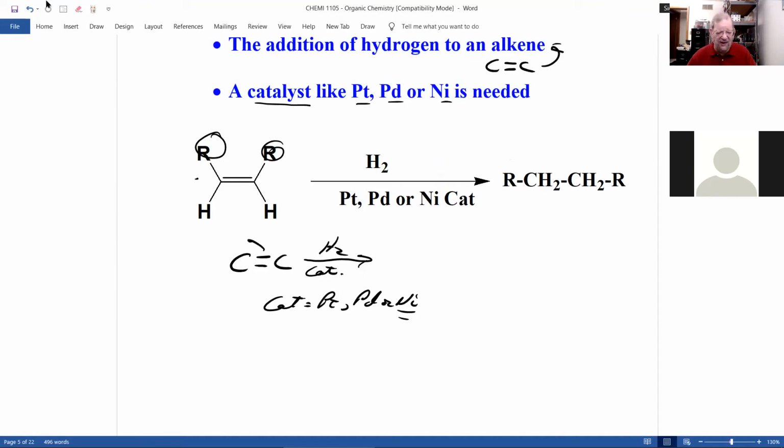And you break one of the double bonds. It's called a pi bond. That I'll never ask on a class, but I'll say it without even thinking. And you break the pi bond, each carbon of the double bond gets a hydrogen. This is called hydrogenation. And we use it a lot in the chemical industry. I have personally.